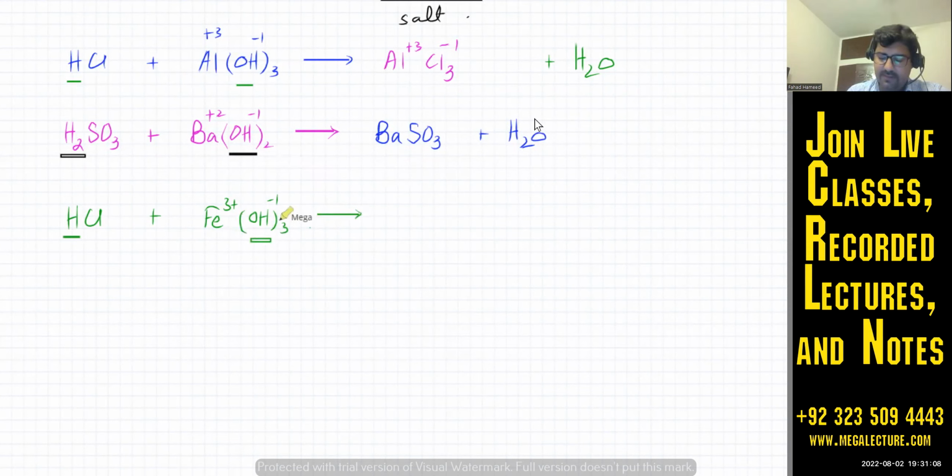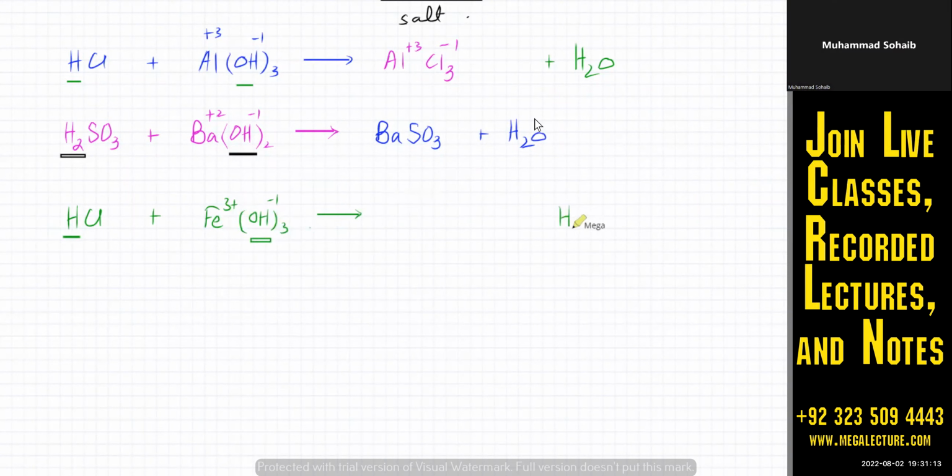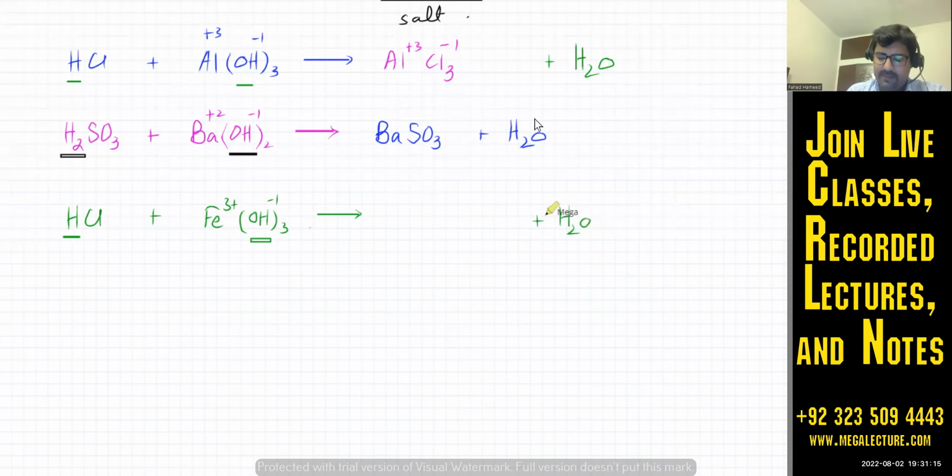H और OH तो मिलके they'll form water, right? Iron chloride. ठीक है. And what's left is iron and Cl. So Fe, the positive ion, is usually written first. Fe is 3 plus and Cl is -1, so it's going to be FeCl3. Crisscross करोगे, ठीक है, it's going to be FeCl3.